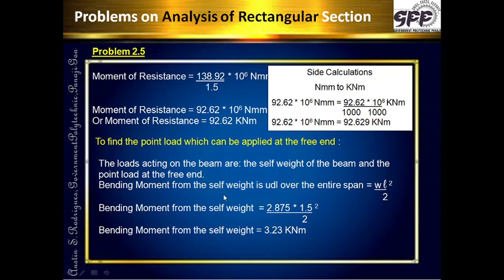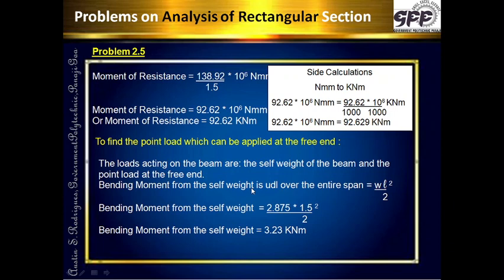Now the bending moment from the self weight is a UDL over the entire span. The beam is of the same cross section throughout, so it is a UDL over the entire span. For a cantilever with UDL, the maximum bending moment is at the fixed end and is given by WL squared by 2. This we have already studied in the materials and structures subject earlier.